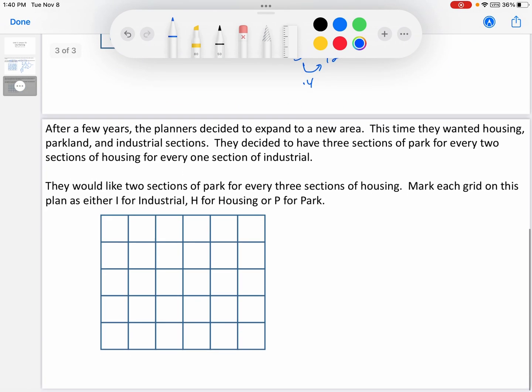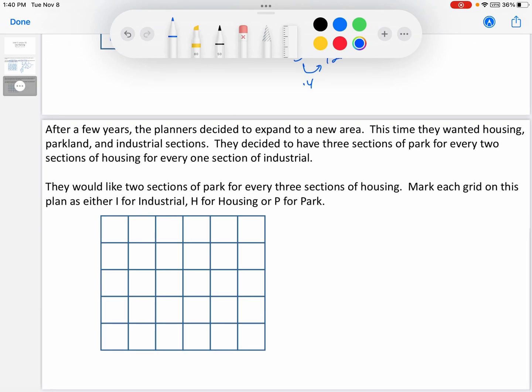Let's try the next one. So this time we want 3 sections of park for 2 sections of housing and 1 section of industrial. So let's write that out. Park, housing, industrial. Park is 3, 2 for housing. Industrial is 1.